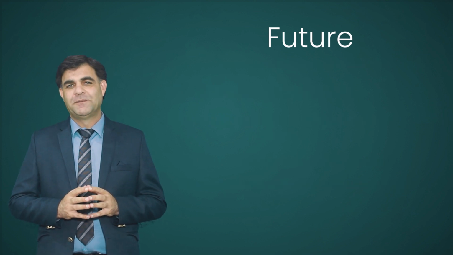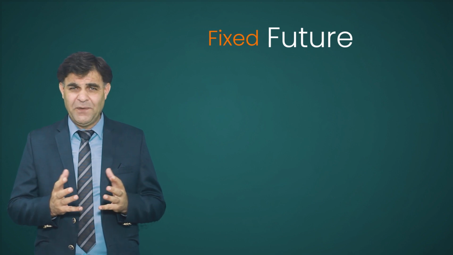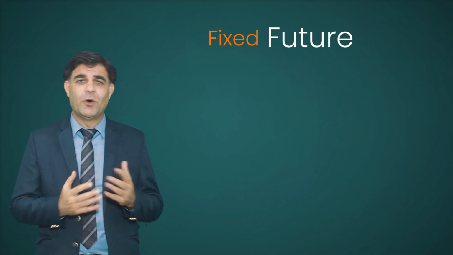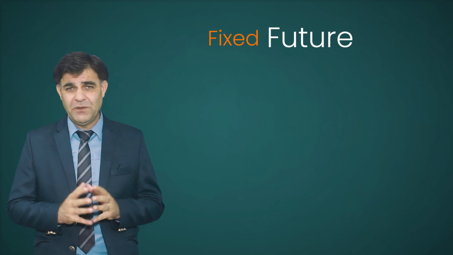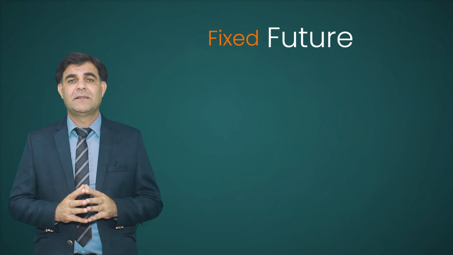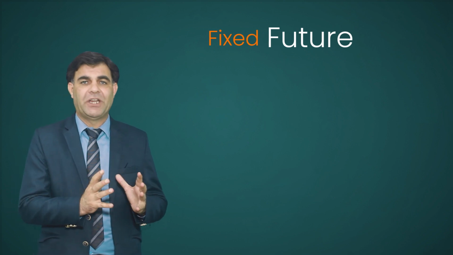Number 4, fixed future. Fixed future. We know planned, we know going to, we know present continuous tense. But fixed future? Yes. Fixed future means usually it will not change.